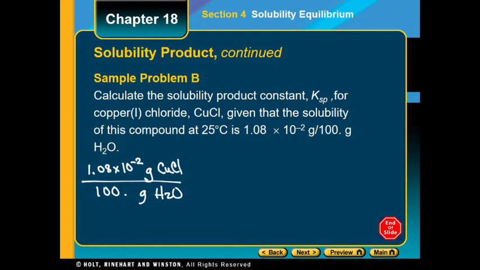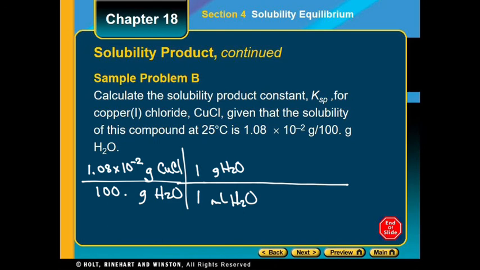To do this, we have to do some switching around of units to get to moles per liter. I'll show you what that looks like. To get rid of grams of water, if I can get over to milliliters of water, I know that based off the density of water, that is a 1-to-1 correlation.